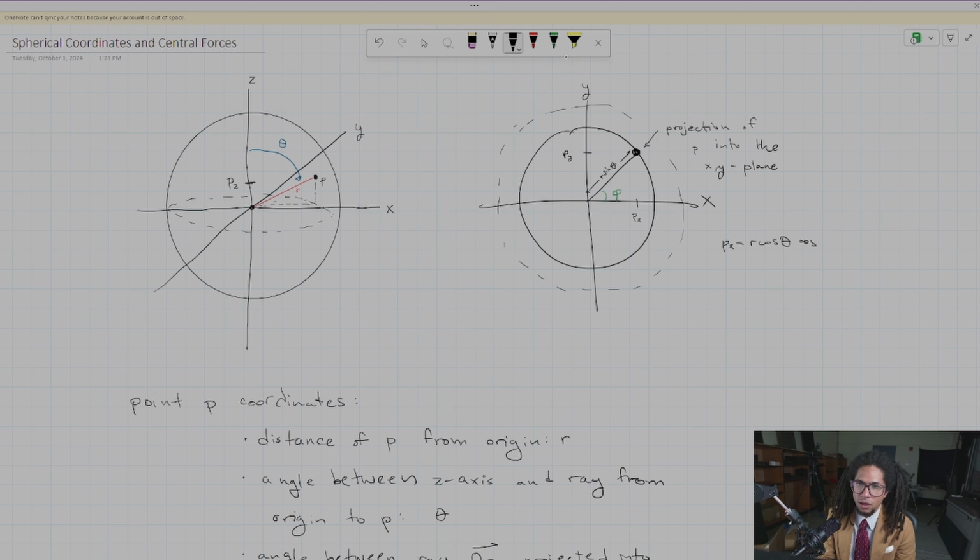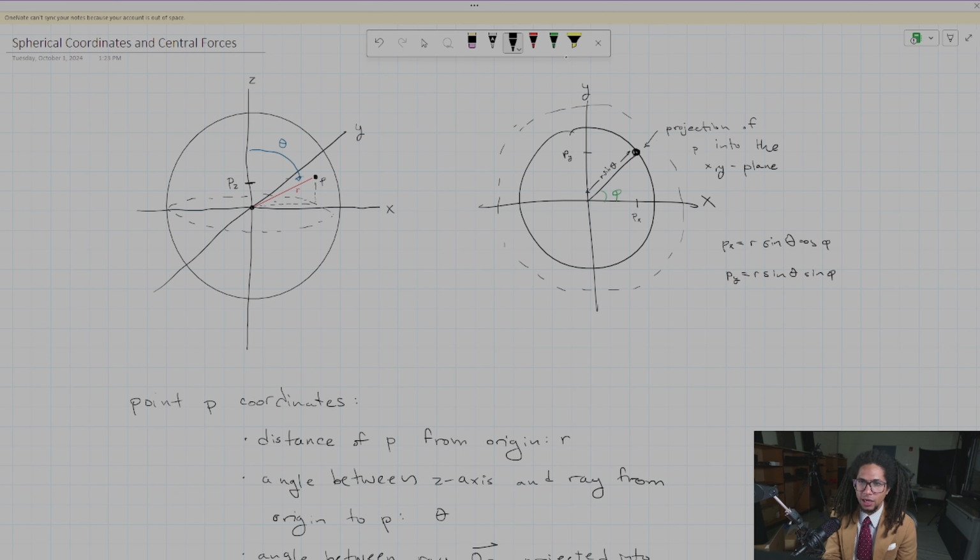That's embarrassing, but it's all right. And that you would see if I drew this here. This length here is the opposite to theta, not the adjacent. All right, so anyway, sorry, that's r sine theta cosine of phi, and Py is equal to r sine theta times the sine of phi.